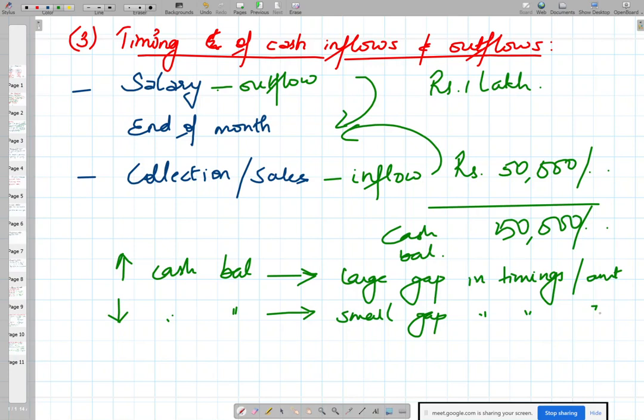In that case you will be able to close this gap or meet that difference of money that you may incur. Is this clear? So that was related to the timing of the cash inflows and the cash outflows. I hope it's clear so far, related to factors determining cash needs.